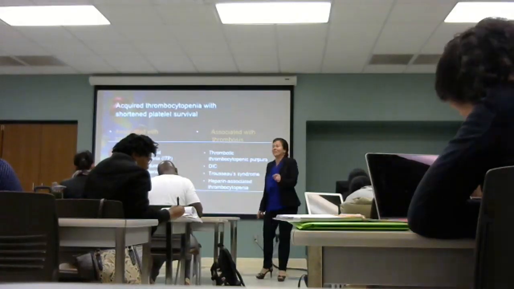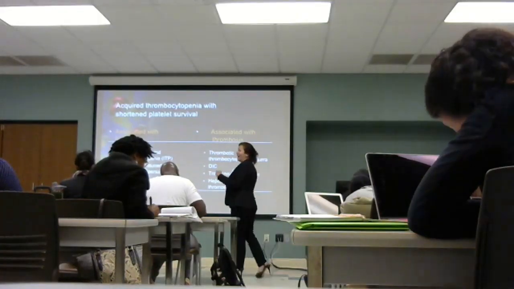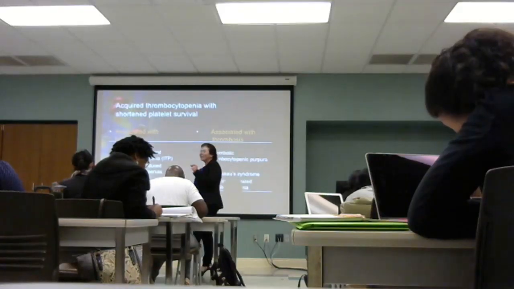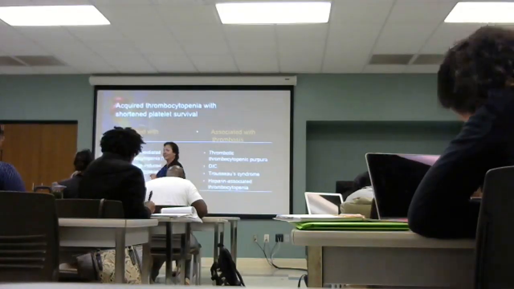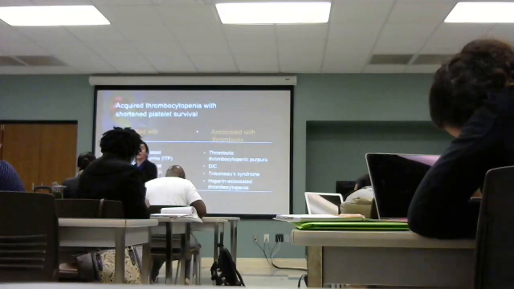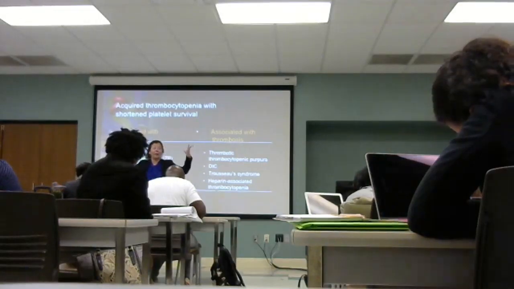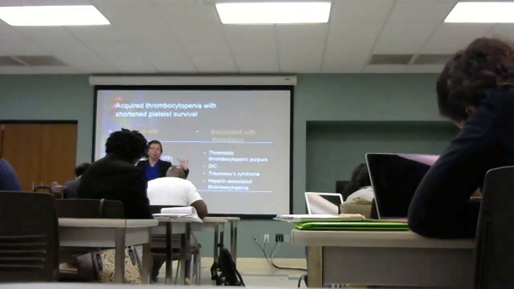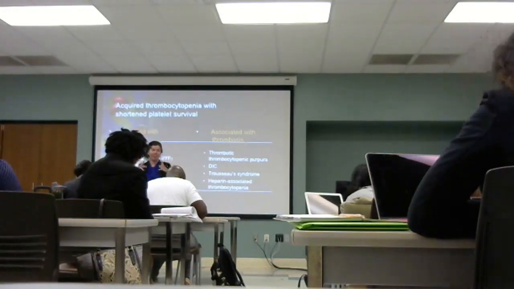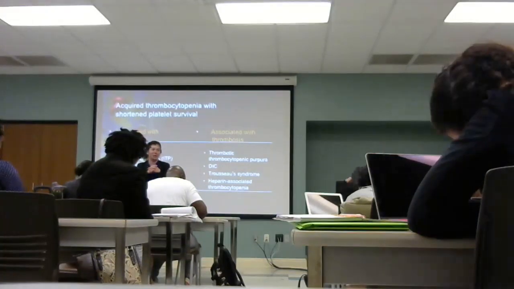And if ADAMTS13 is deficient, it cannot eliminate the excess of platelet aggregation, and therefore more clot will be forming. Even though the excess of platelets will allow self-destruction, what happened initially was a clot, a major clot.